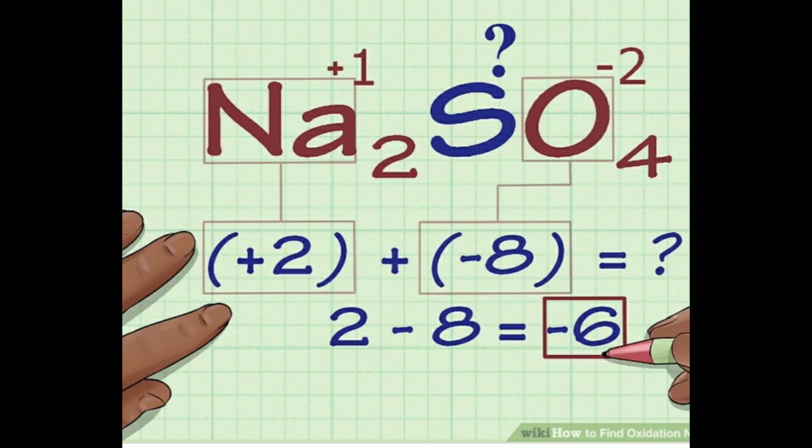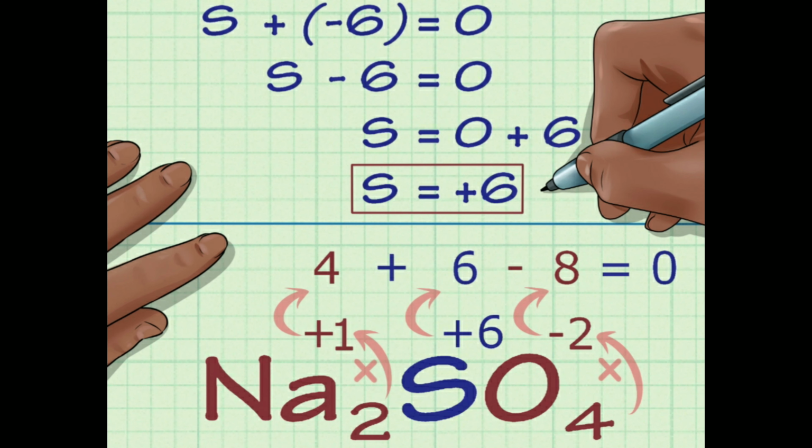Since we have 4 oxygens with -2 each, the total charge due to the oxygen is -8. +2 and -8 mean -6. So the sulfur must have a charge that will allow us to cancel out the total charge, or a charge of +6. The sum of the oxidation numbers of all of the elements in a compound is always 0.